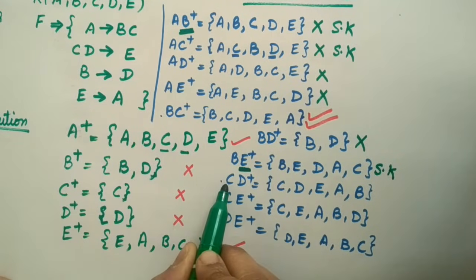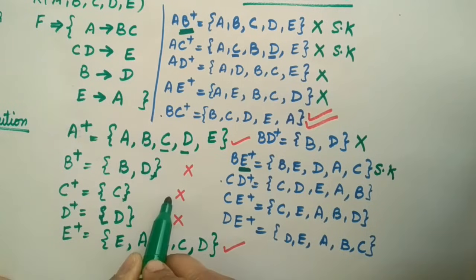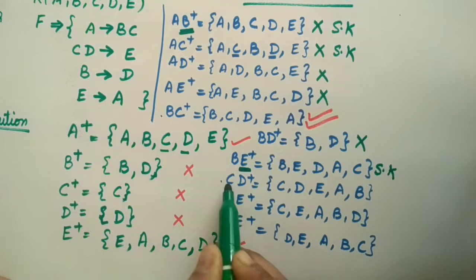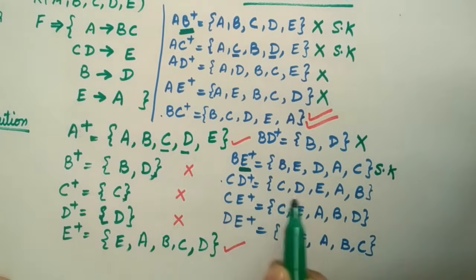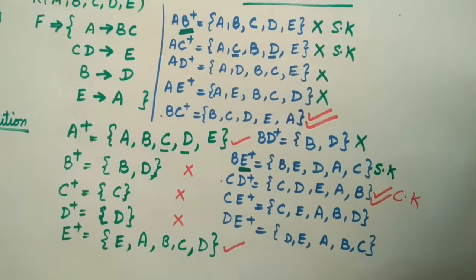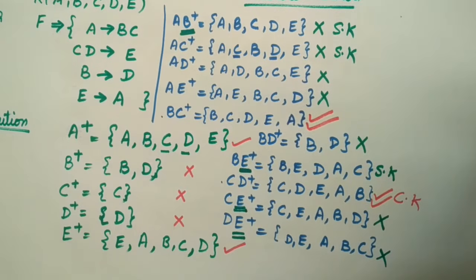Neither C is a candidate key nor D is a candidate key, but combining C and D we are getting all the attributes, so CD will be considered as the candidate key. Next, CE, E is there as a candidate key, so we will not consider this. DE, E is there as a candidate key, so we will not consider this.